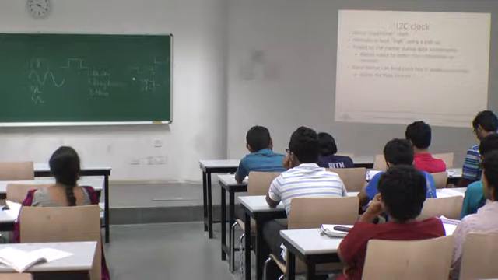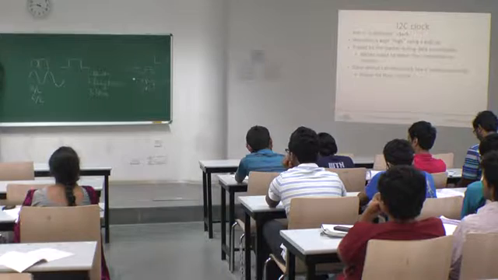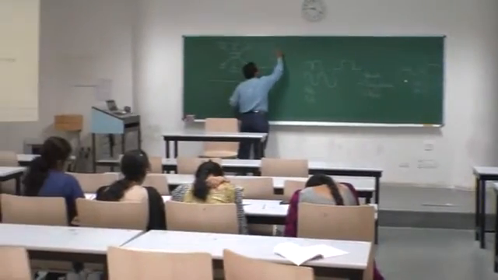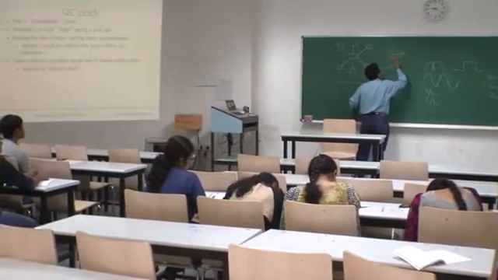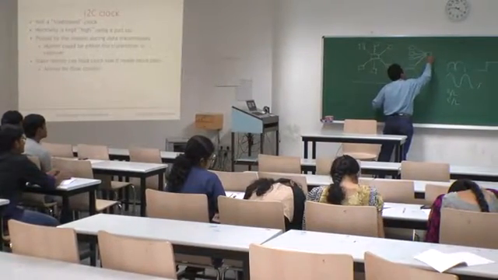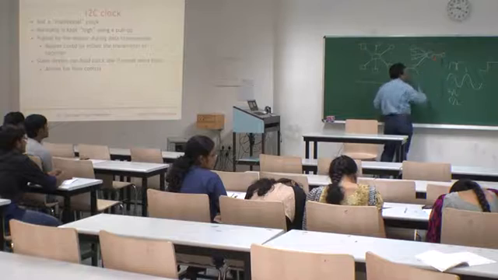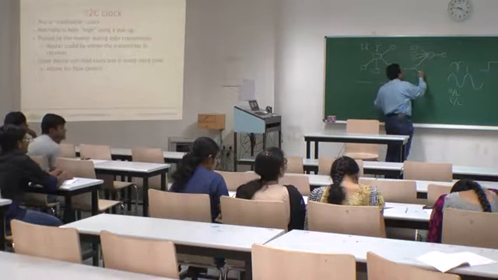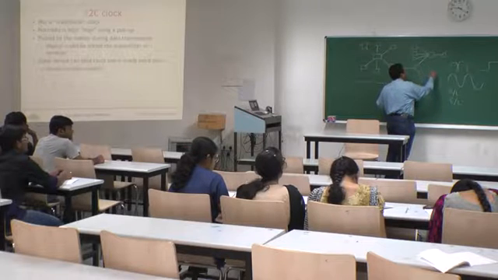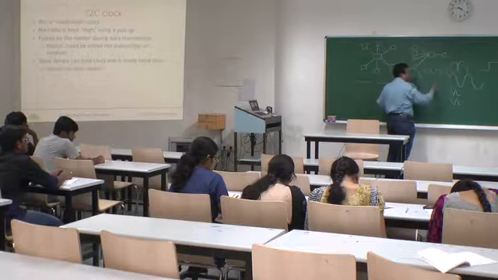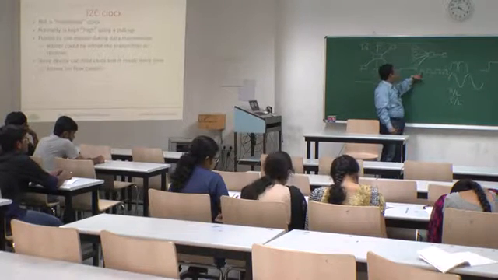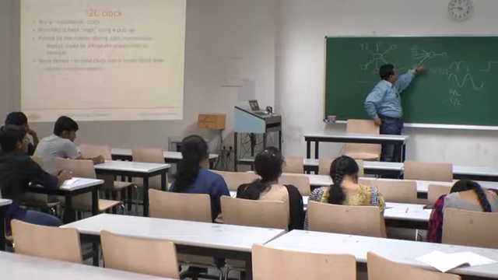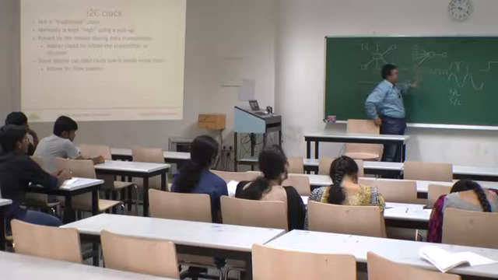So, if you have n number of slaves like this, and then the master is like this, suppose this is the master's clock, then at this pulse it should read this slave, at this pulse it should read this slave, and so on.